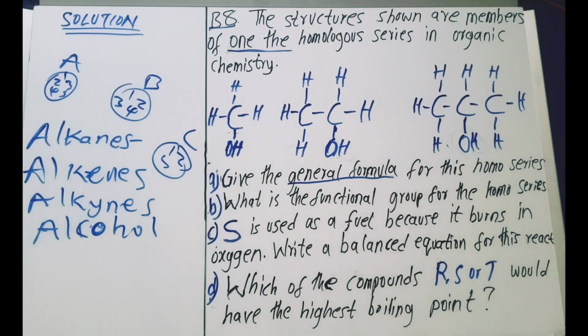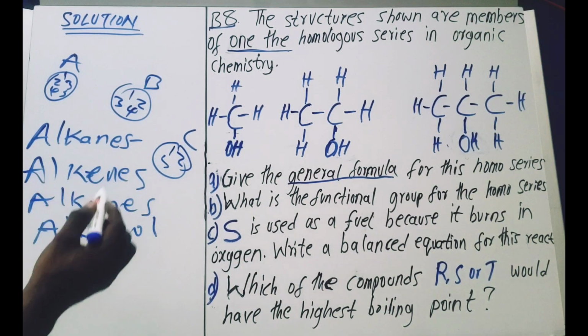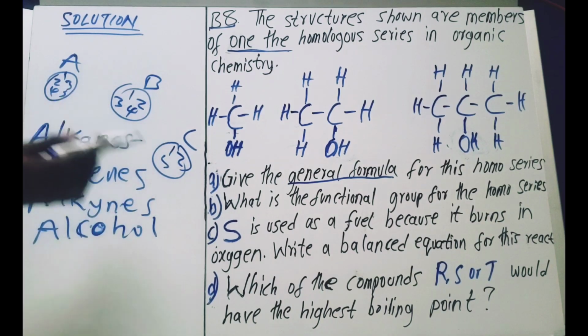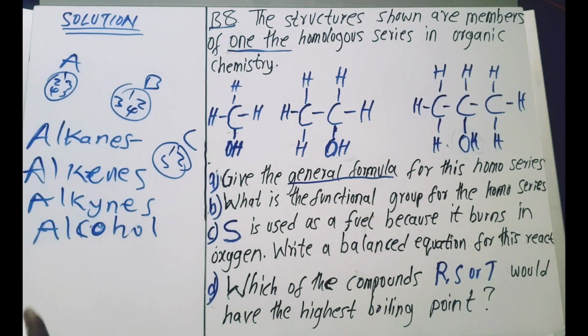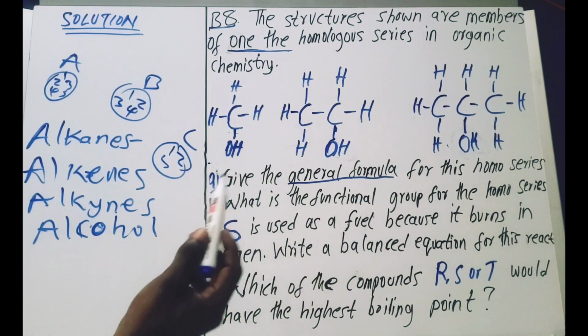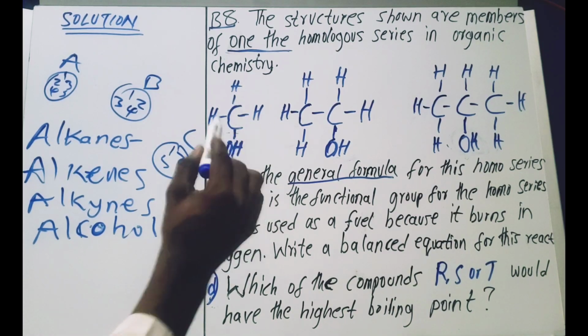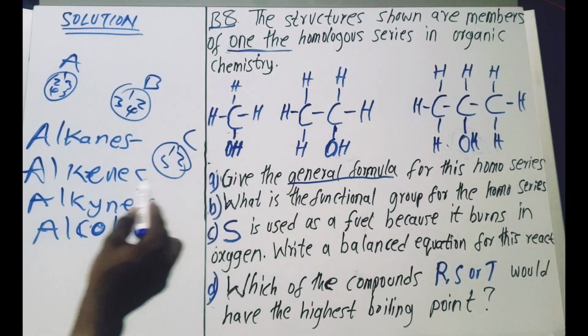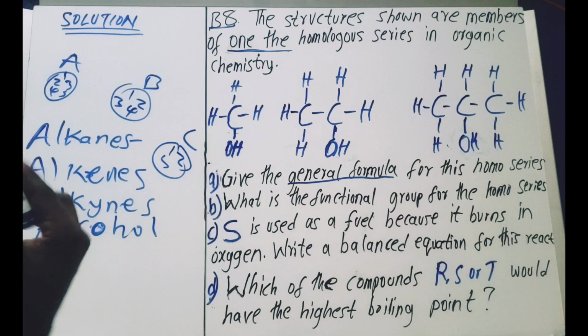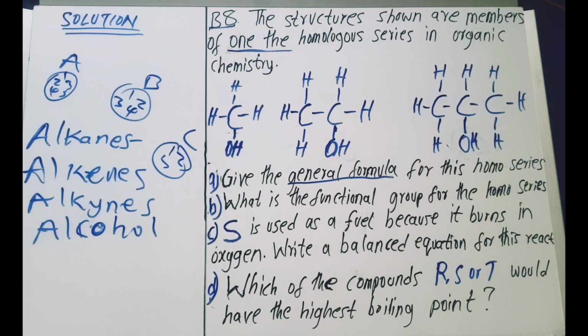So each group has its own members, just like the ones I gave as an example. These structures show the members of one of these groups. They've not told us the group from which they were taken.